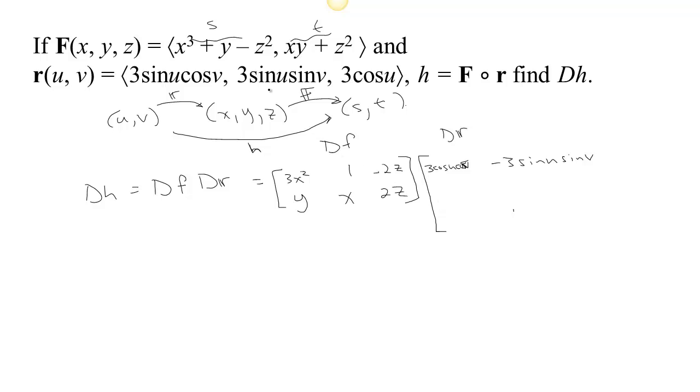And now the next one, the partial with respect to u is 3 cos u sine v, and then the partial with respect to v, since the derivative of sine v is cosine v, we have 3 sine u cosine v. And finally, this last entry, the partial with respect to u is minus 3 sine u, and the partial of 3 cosine u with respect to v, well, it's constant as far as v is concerned, so that's 0.